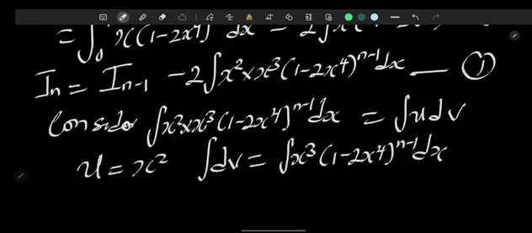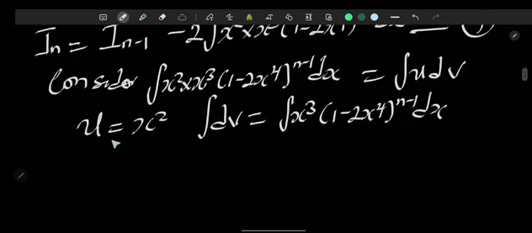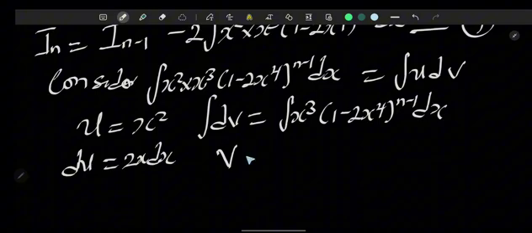Differentiate this, and you're going to have du to be 2x dx. When you integrate dv, you get v. To integrate this one, you're going to use the substitution method. You can let p be 1 minus 2x^4, and then simplify.